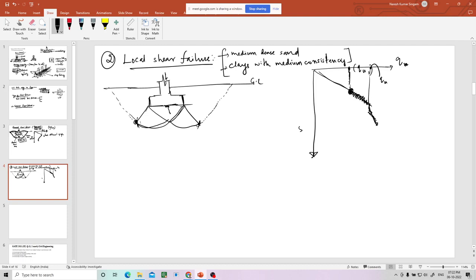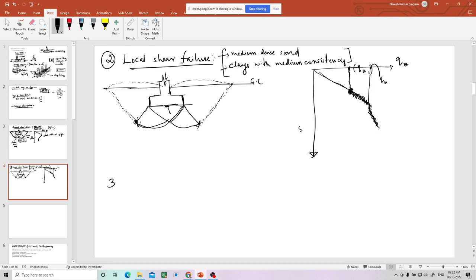Then slowly the failure surface tries to reach the ground surface. After reaching that, the settlement will suddenly increase. A small heave may be observed here also. So that is how local shear failure happens.